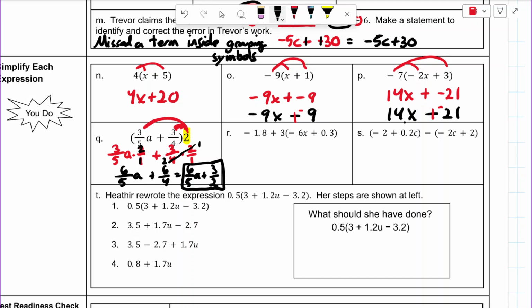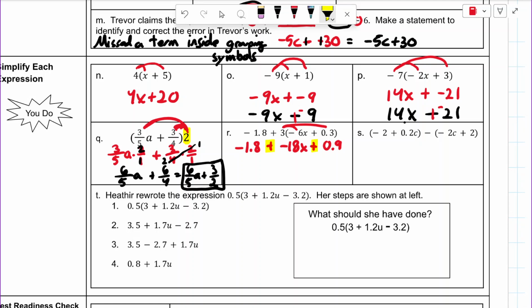Pause the video and try R now. Okay, I have a partial problem done. I thought there's a 3 next to this grouping symbol with no indicator what it is, so I distributed the 3 times the negative 6x and the 3 times the 3/10. I got negative 18x plus 9/10. All right, so now I can combine like terms, and I can only do that when all the signs are addition.